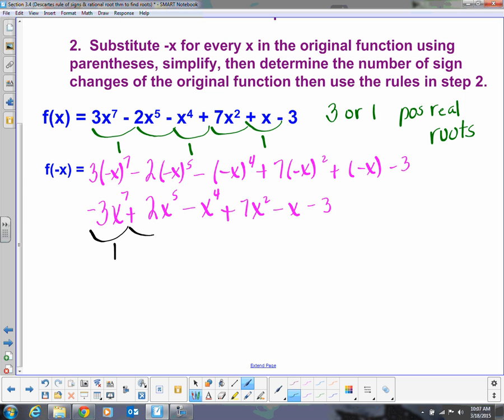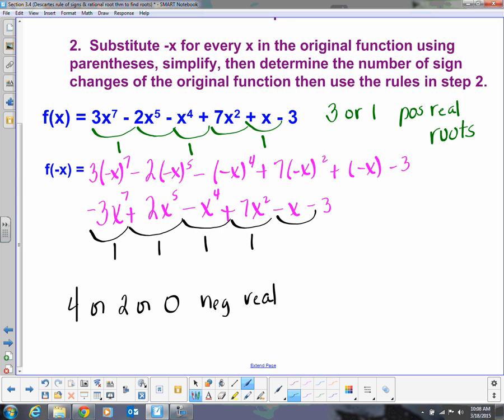Now, going back, is there a sign change? Yes. Is there a sign change? Yes. Is there a sign change? Yes. Is there a sign change? Yes. Is there a sign change? No. So there are either 4, 2, or 0 negative real roots.